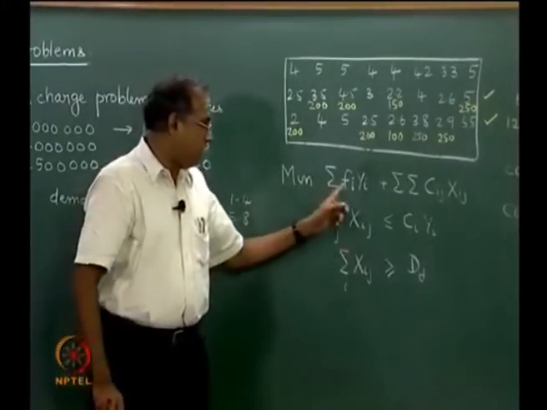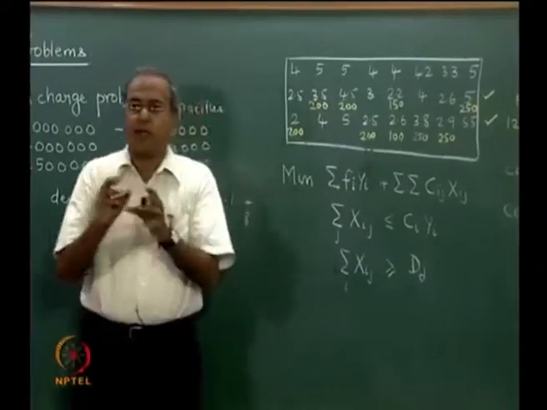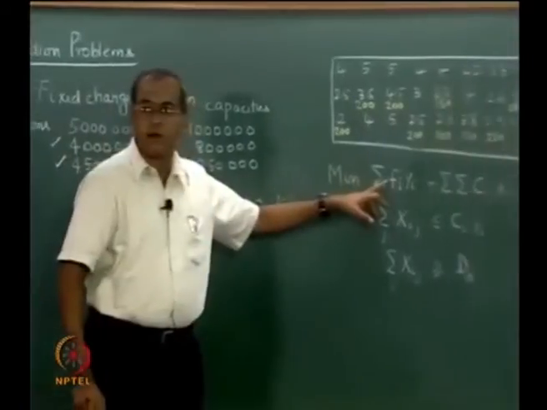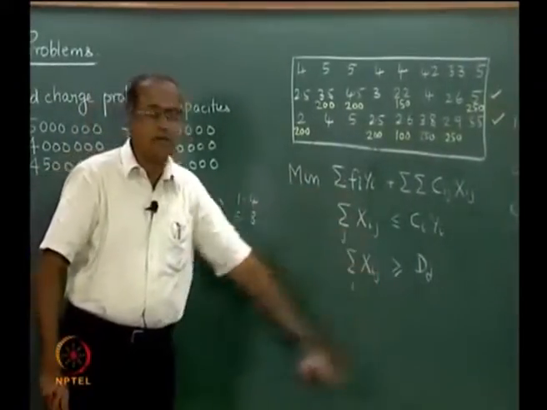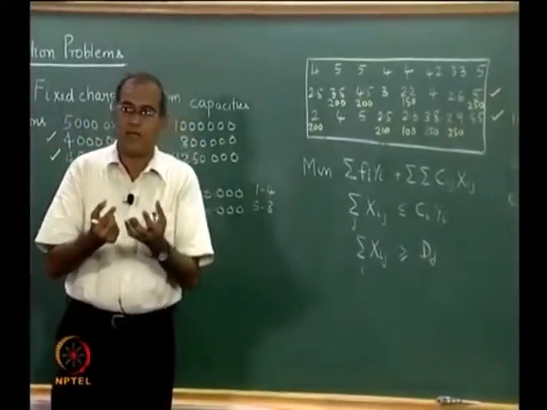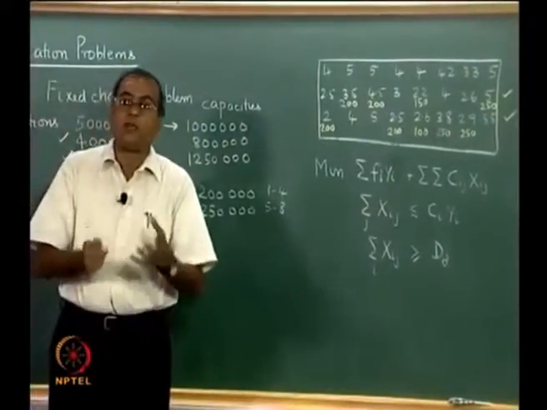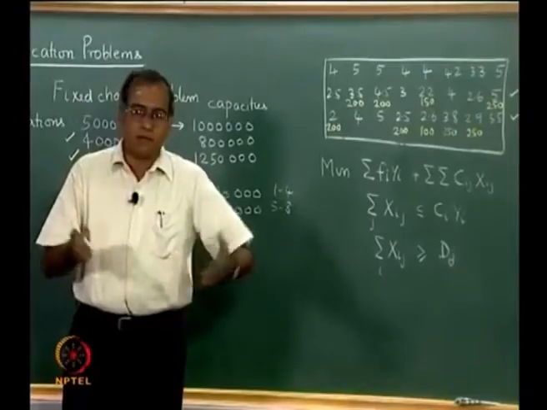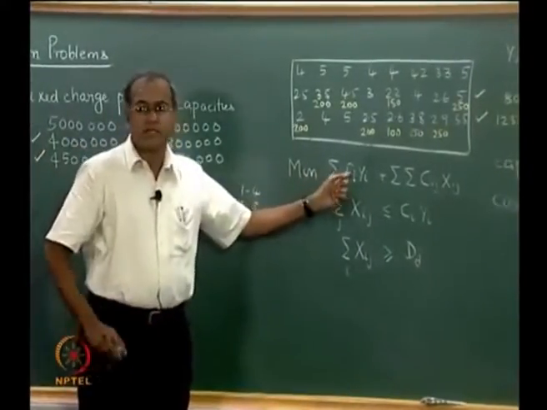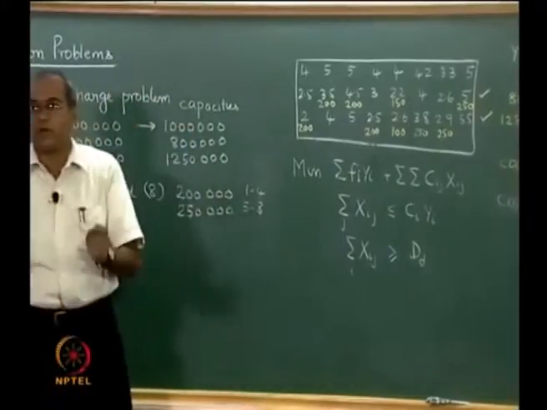So, both Fi and dj, particularly these two parameters, one is a cost parameter for location and the other is a demand parameter. One has to make sure that they are factored suitably to represent the period for which this cost is computed. So, it is customary to compute it as an annual cost.